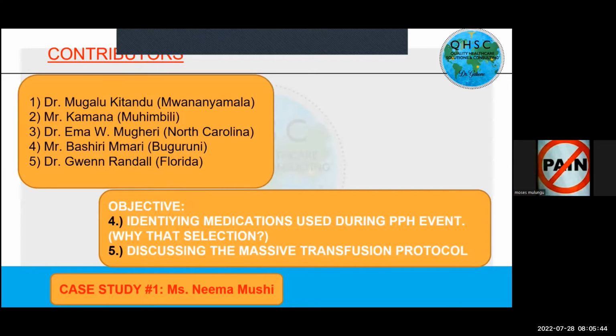We rarely get more than 3 units, because everyone needs blood, and so many patients are coming, and our blood bank cannot carry all that burden of Dar es Salaam patients who are coming for bleeding.